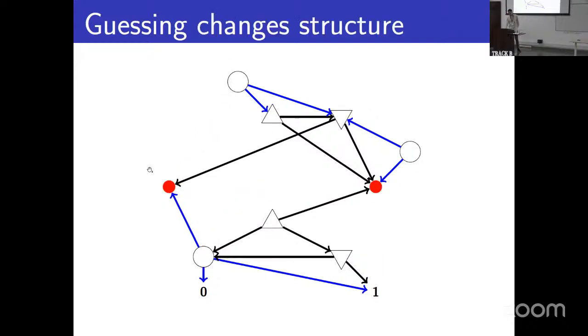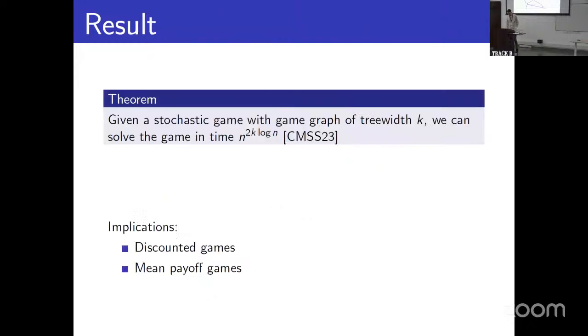So if we guess this guy, and then recursively we guess this guy, then we split the graph into two parts, and these parts do not influence each other. So that means we can solve one part of the graph and the other part of the graph. So by the guess we change the structure.